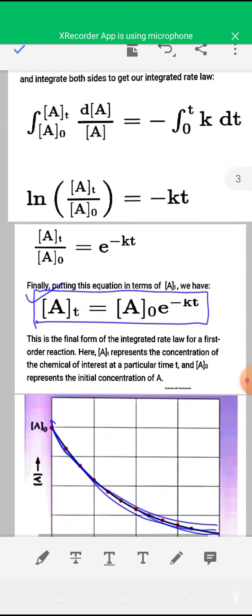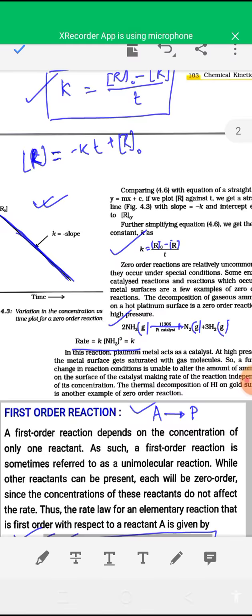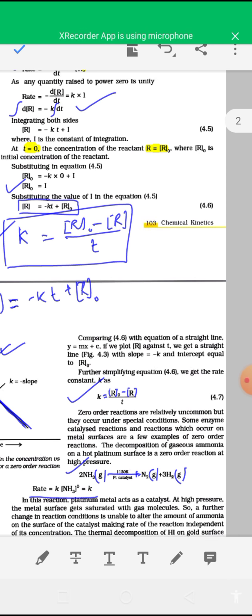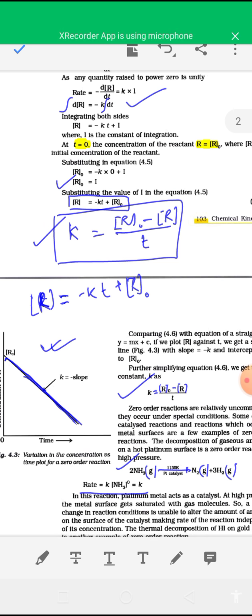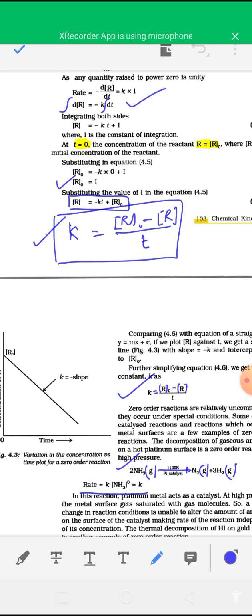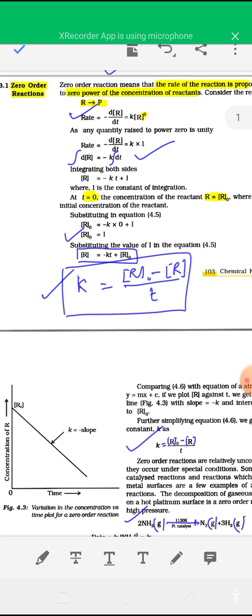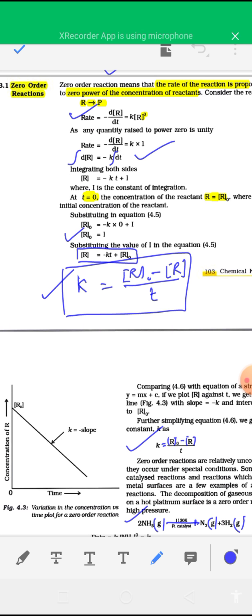We know that for zero order reaction the integrated rate law equation is K is equal to R naught minus R by t. Now we know that at half-life time the concentration of reactant becomes half of its original value. Suppose half-life time is t half.